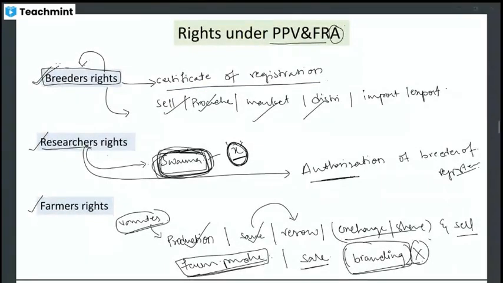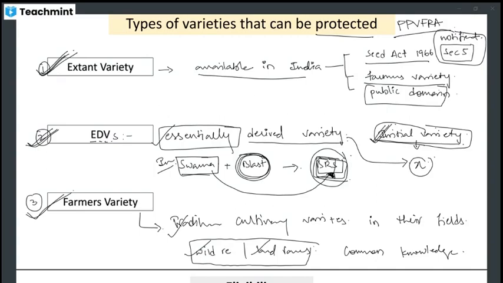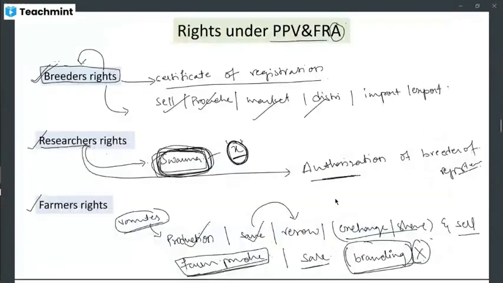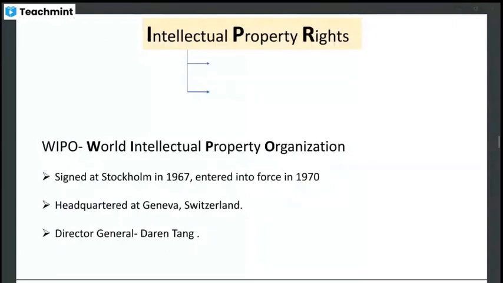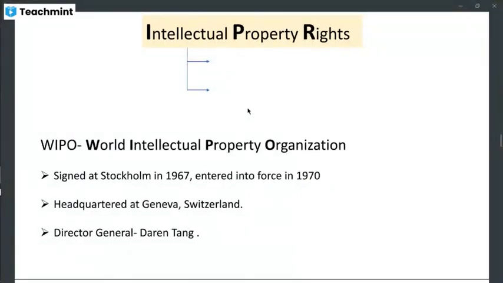So as we have finished the PPVFRA, we will move on to IPR, that is intellectual property rights. Before directly discussing intellectual property rights, we will see what it means. What does the term intellectual mean?